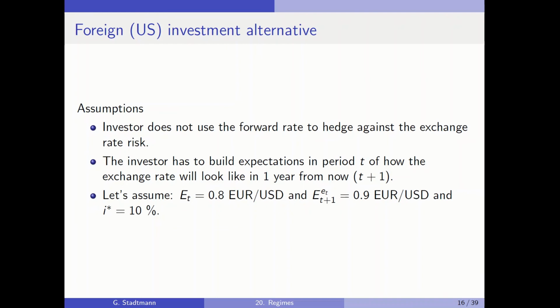Let's assume that today the exchange rate is at the level of 0.8 euros per US dollar, and the investor expects today that in 1 year from now the exchange rate will be at the level of 0.9 euros per US dollar. We furthermore assume that the foreign interest rate is equal to 10%.